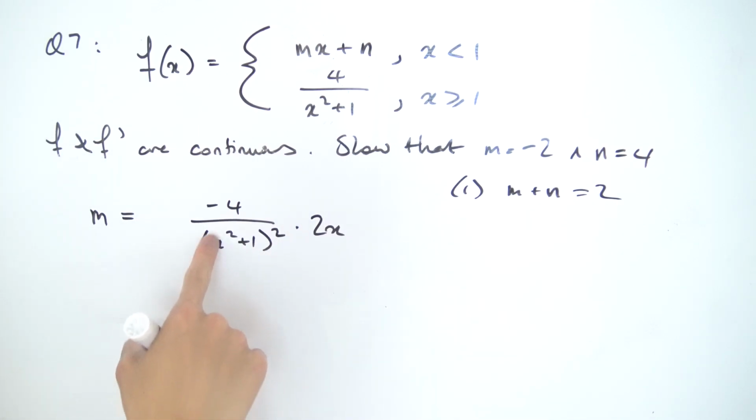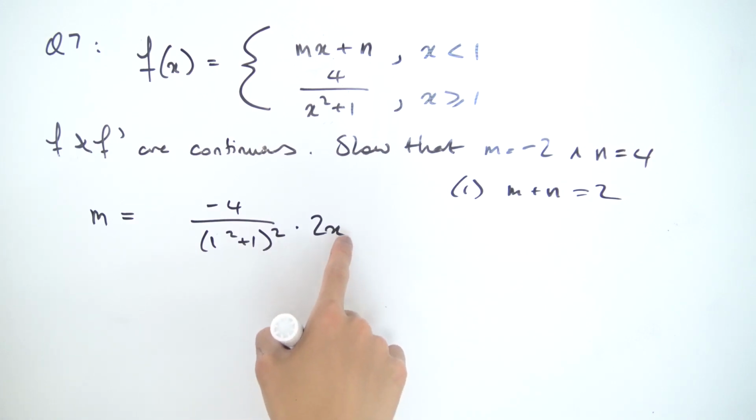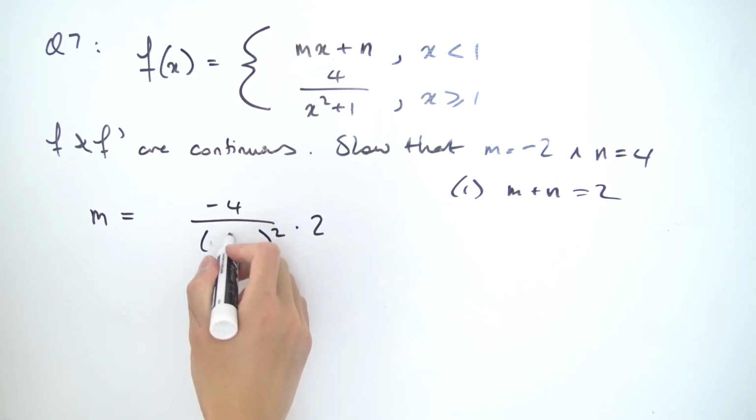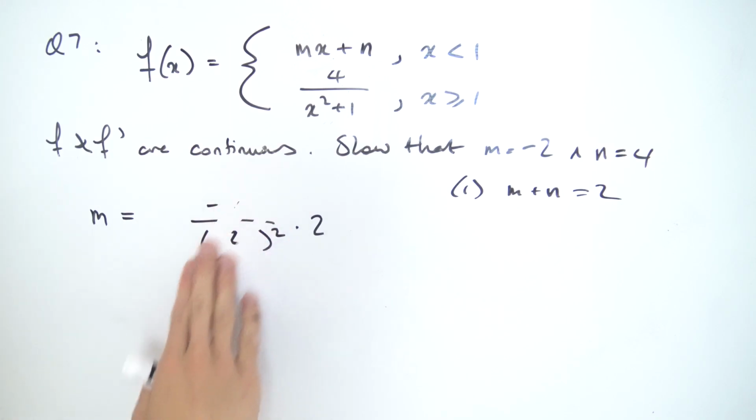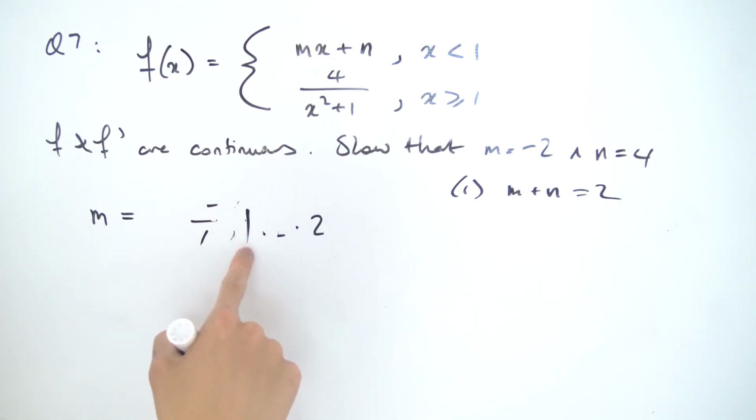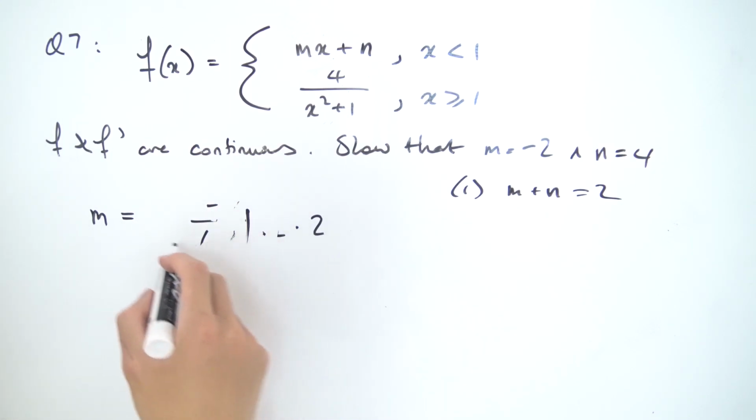And if you evaluate this thing at 1, we'll get 1 squared plus 1, and then 2 times 1 is just 2. So 1 plus 1, that's 2. And 4 over 2 squared is 4 over 4, which is 1. So this whole thing is 1, and then minus times 1 times 2, that's exactly minus 2.